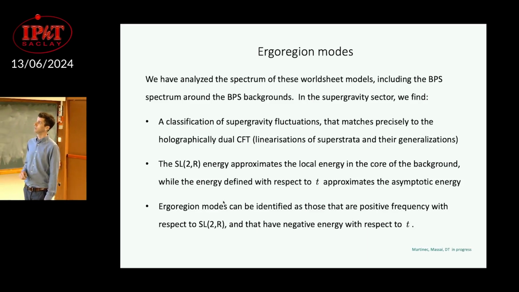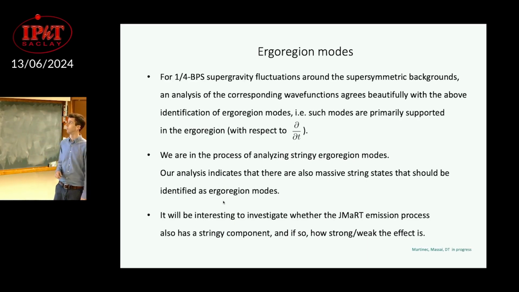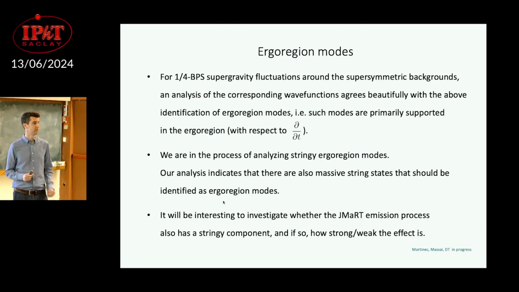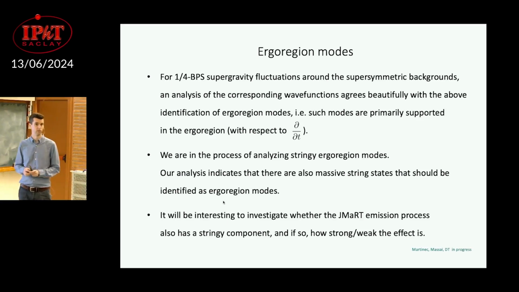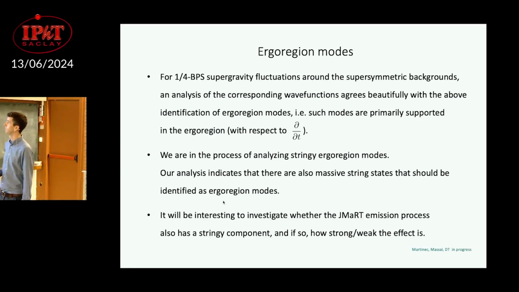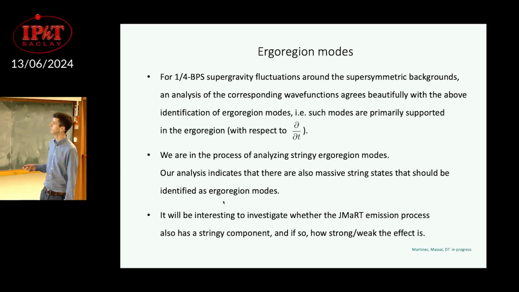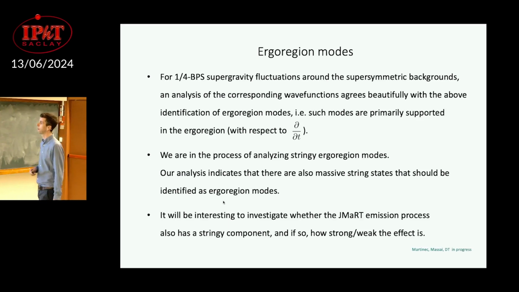And for instance, for these quarter BPS supergravity fluctuations, one can analyze the corresponding wave functions and ask whether this prescription agrees with whether the wave function is well localized inside the ergo region. And there is beautiful agreement for the supersymmetric solutions that indeed such modes are primarily supported in the ergo region. So everything is nicely consistent there.